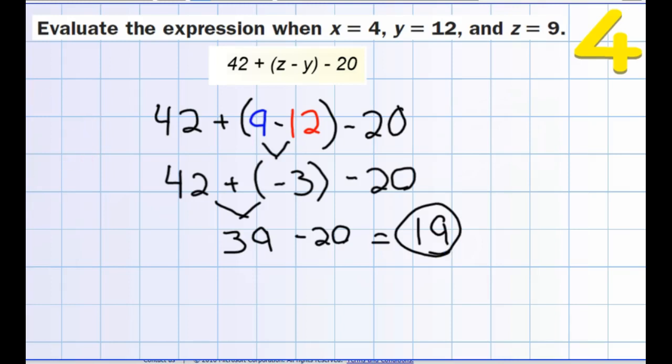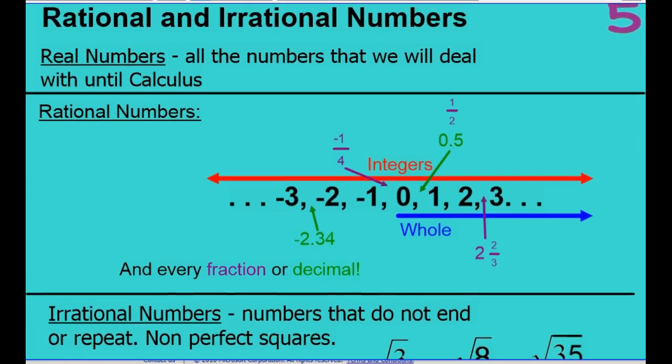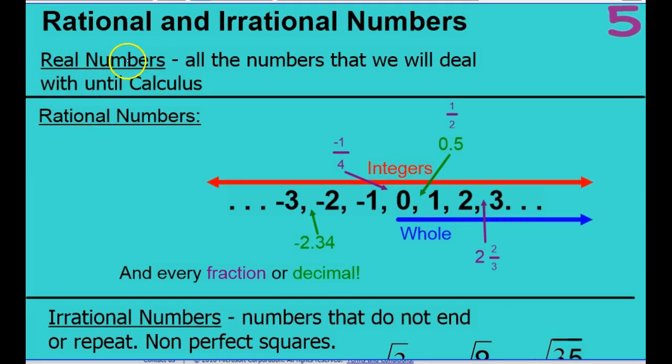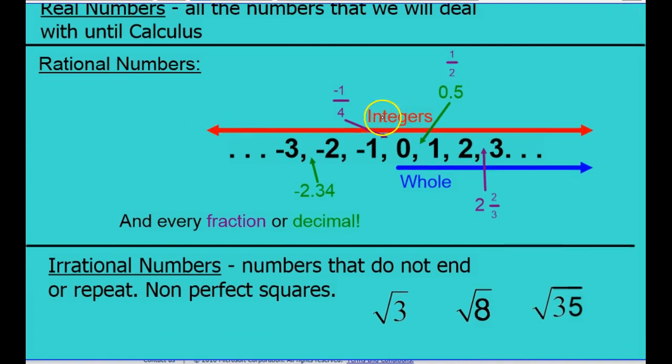Now we are going to go on to rational and irrational numbers. So when we have rational and irrational numbers, first we got to look at our real numbers. Our real numbers are all the numbers that we deal with until calculus. So any number that you have until you get to calculus is going to be real. The rational numbers are integers, so every number.